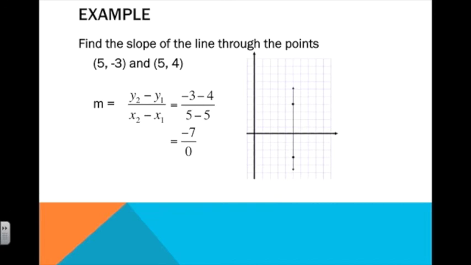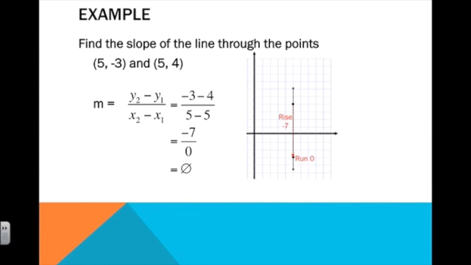And of course we all know that you cannot divide anything by 0 because you can't take something and put it into 0 groups. So we would say that the slope here is undefined, or we could say that there is no slope. As you can see here, we rise negative 7 and run 0. Okay, so that's the fourth and final example of different type of slope.